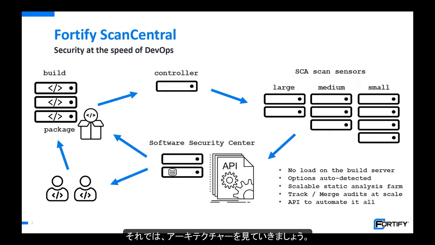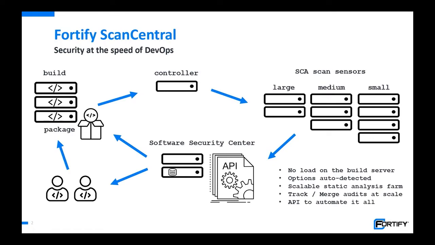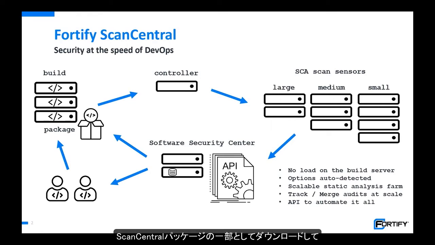Let's take a quick look at the architecture. From a build perspective, or wherever you compile code, you either have a copy of Fortify Static Code Analyzer, or you have our ScanCentral packaging utility that you download as part of the ScanCentral package and unzip on the build server. Either one works. The controller is a basic web application that routes the files collected from the build server to an available copy of SCA.